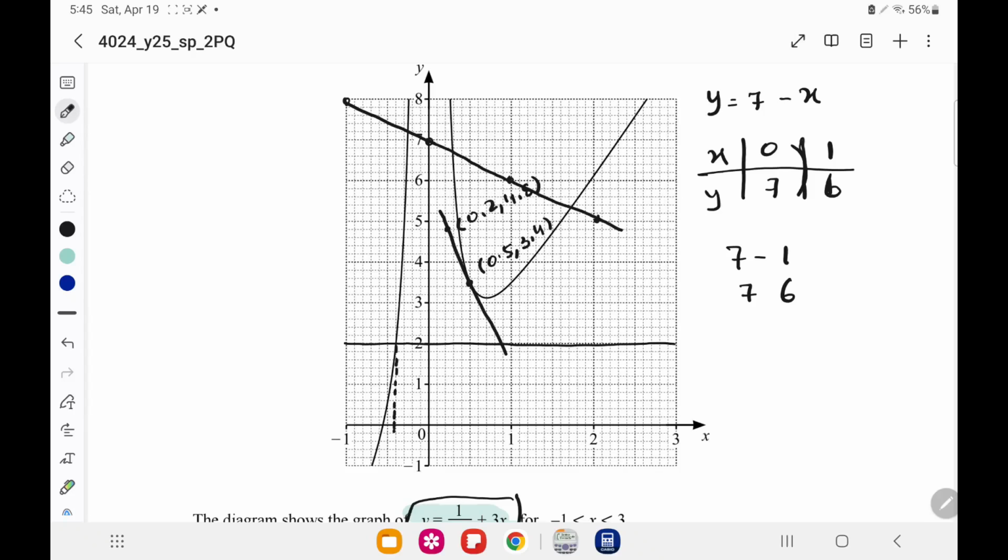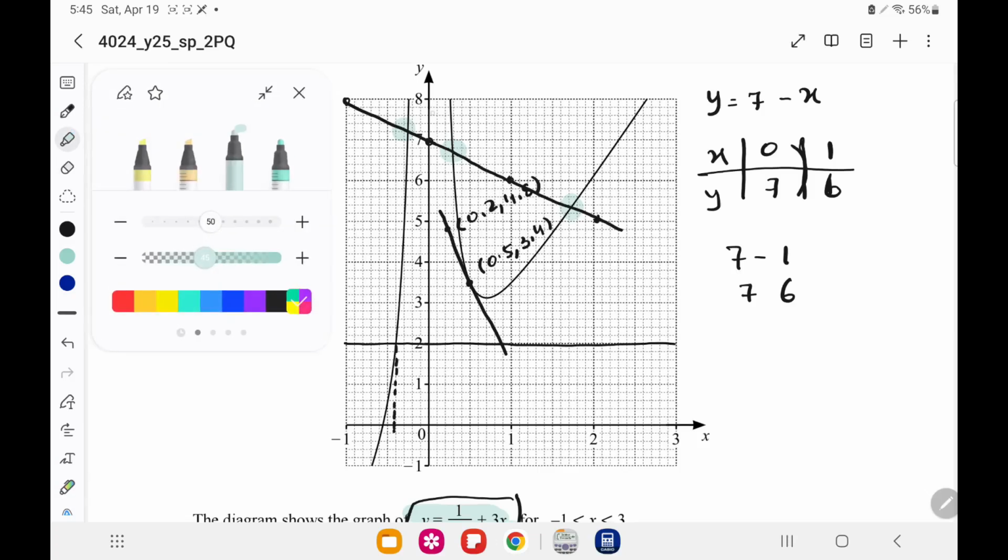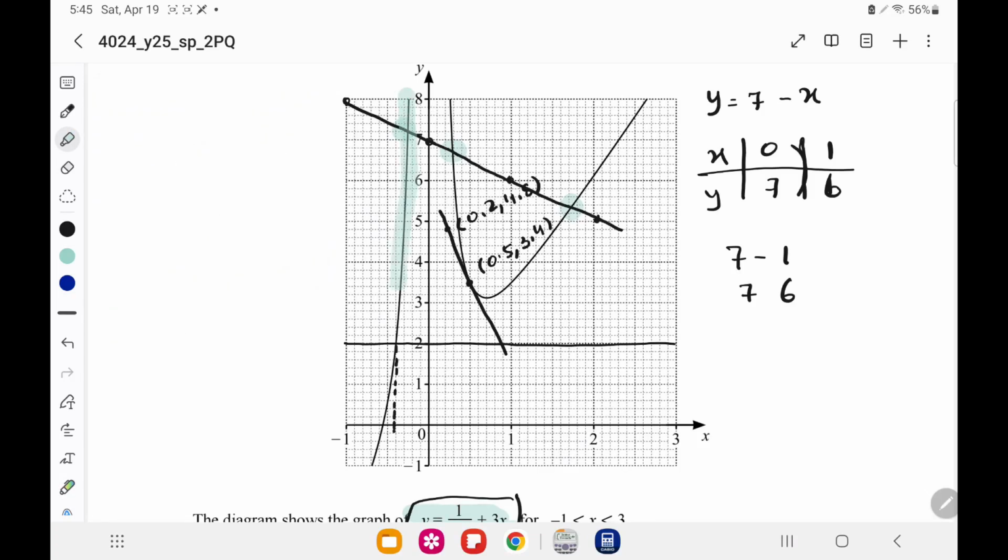So we got the points of intersection. We just have to look at the curve and the line. This is your curve, and it is intersecting at 3 points, 1, 2 and 3.